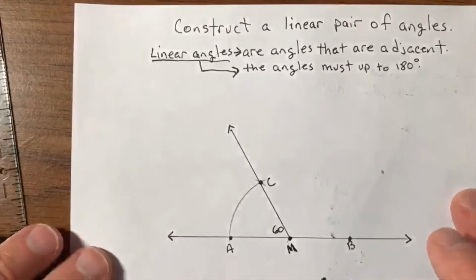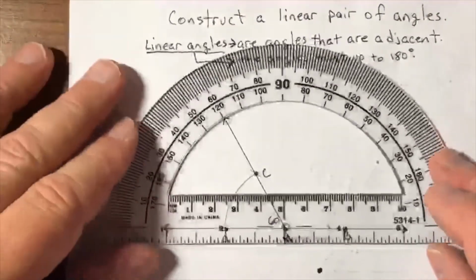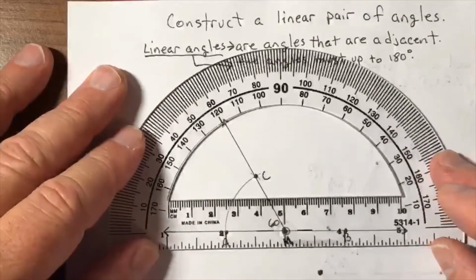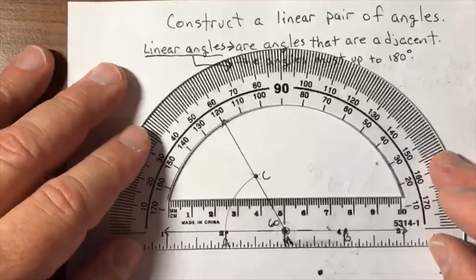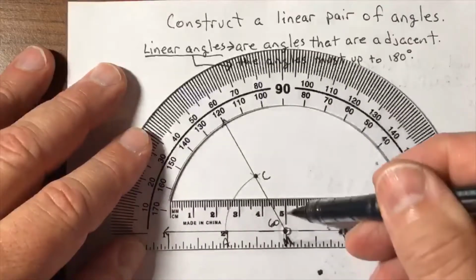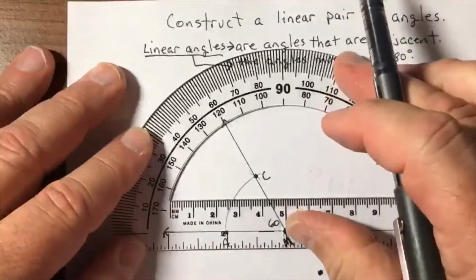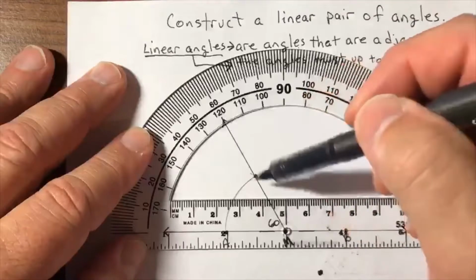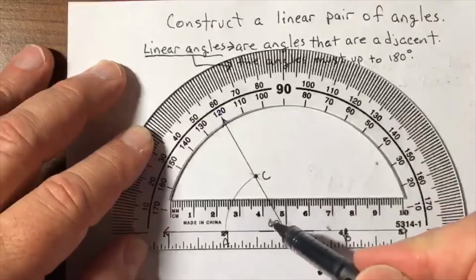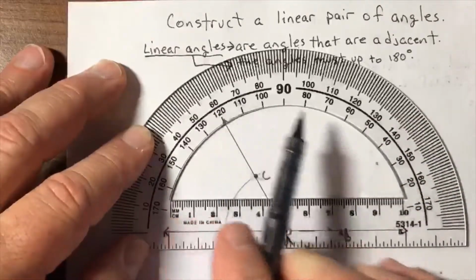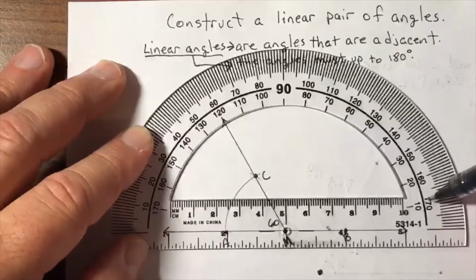Alright, let's take a look at this. We know that this is 60. Let's place our protractor at M here. Make sure the vertical markings come right on top of that point, and then you can see our 60 lined up real nice. So this 60 means this is 60 degrees over here. To read this protractor, here's my 0 on the inside, here's my 180 mark.